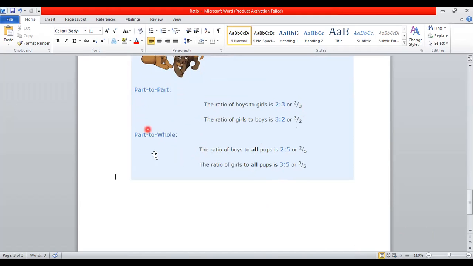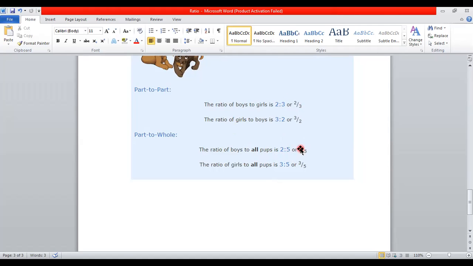The part to whole. The ratio of boys to all pups. Now, how many boy pups are there? Two. Okay. The ratio of boys to all pups is 2 is to 5. Altogether 5. So 2 is to 5.